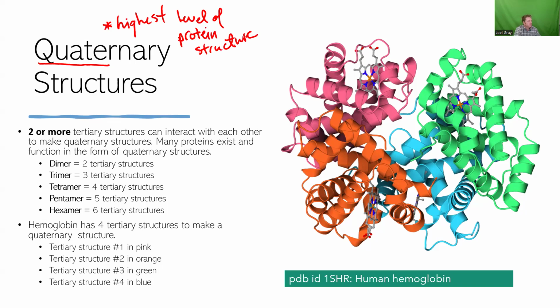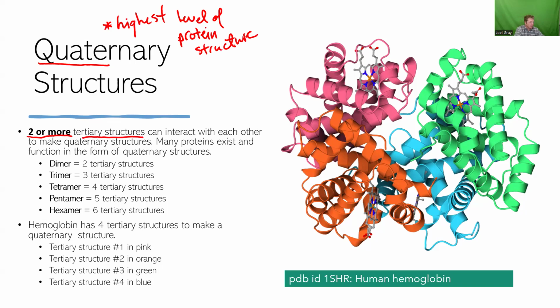Now, quaternary structure is where two or more tertiary structures interact with each other. Many proteins exist and function in the form of a quaternary structure, and they have unique names depending on how many proteins interact to make it.